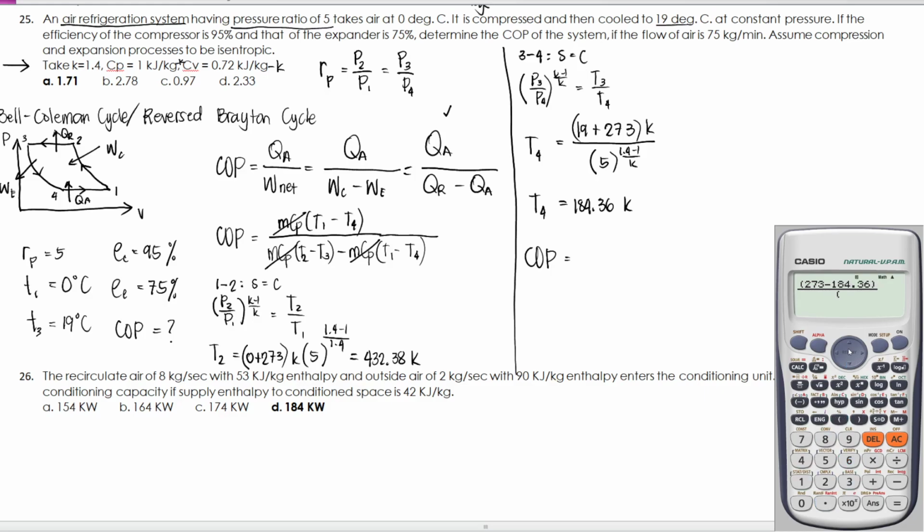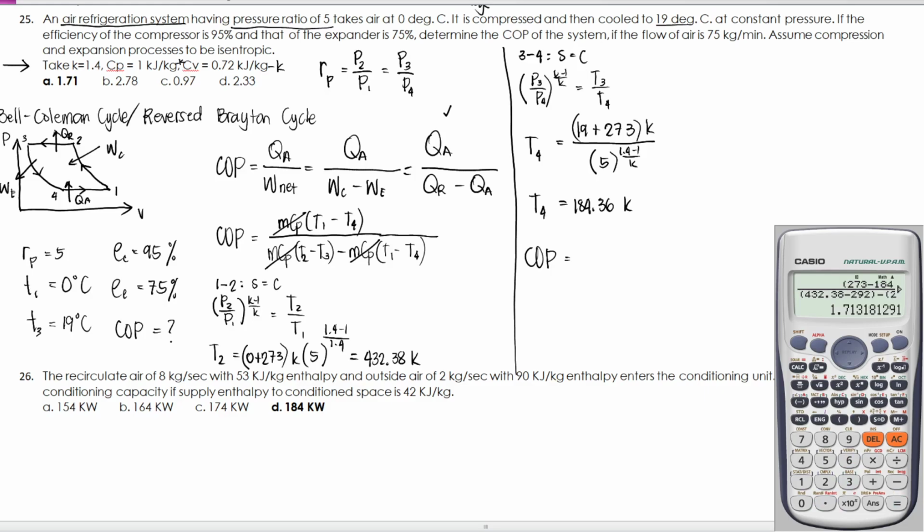Over T2, 432.38 minus T3. Ang T3 natin ay 19 degrees Celsius. Gawin natin siya naka-absolute plus 273. That is 292. Tama? Tama. 292 Kelvin. Minus, yun ulit, T1, 273, minus T4, 184.36.